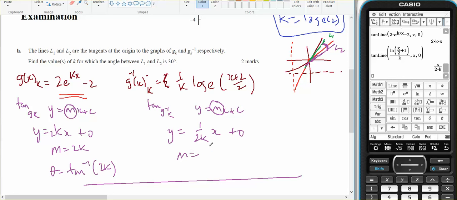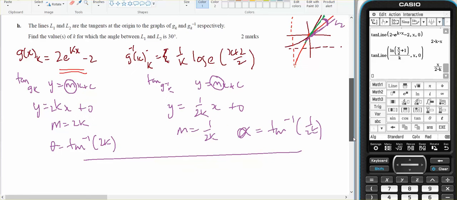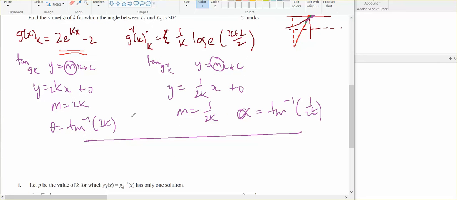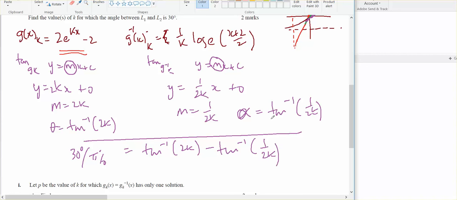So the gradient is 1 on 2k, therefore the angle alpha is going to be the inverse tan of 1 on 2k. So that gives me 30 degrees, or pi on 6, equals the inverse tan of 2k minus the inverse tan of 1 on 2k.